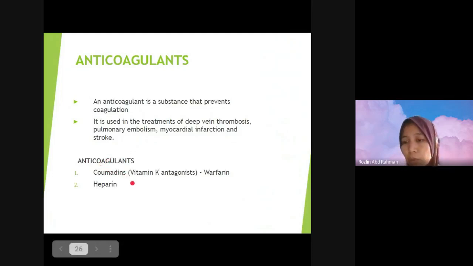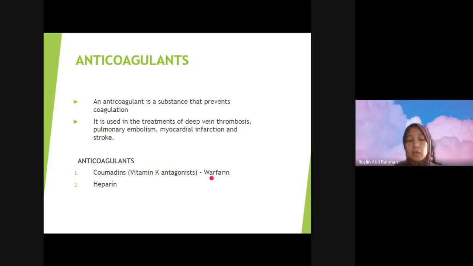These are the common anticoagulants that we use. Okay, warfarin or heparin. So you see, vitamin K helps with clotting, but the antagonist of vitamin K is coumadin, or another name for it, warfarin. Okay, warfarin is an anticoagulant, it prevents the formation of blood clots.